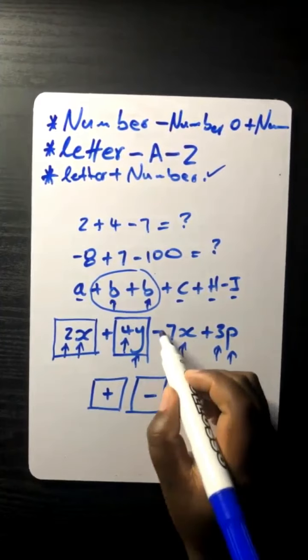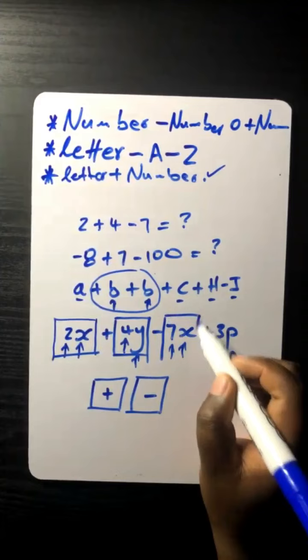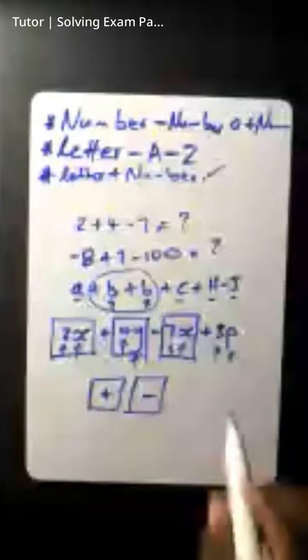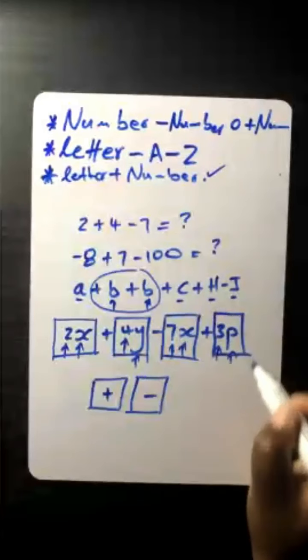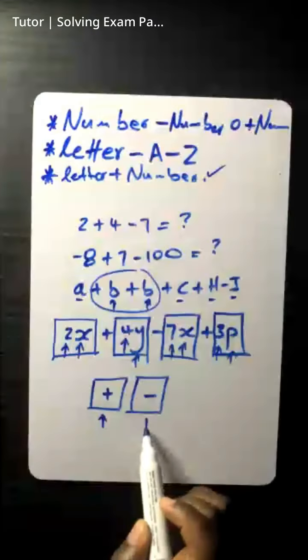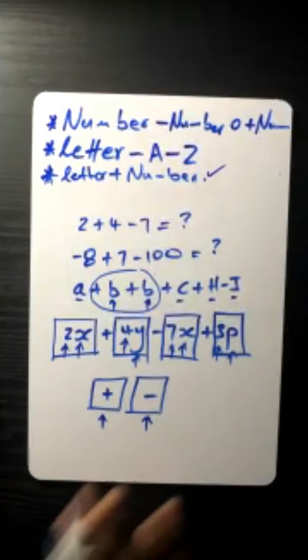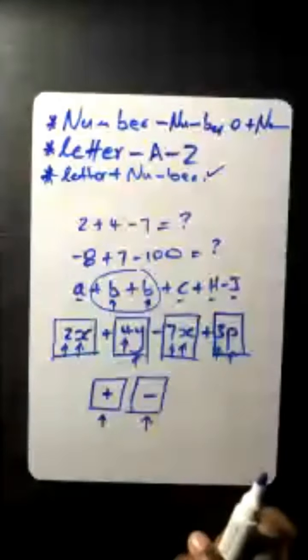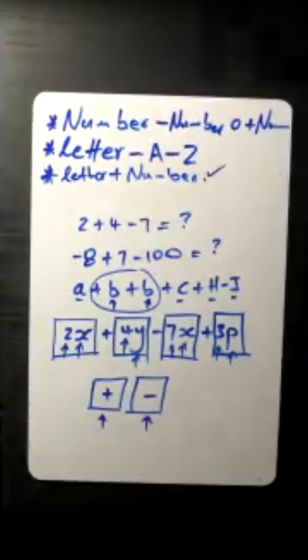There I've got a sign of a minus, which makes this a term. There I've got a sign of a plus. It could be a minus. As long as it's a sign of a plus or a minus, it means you've got a term. So in short, a sign of a plus or a minus separates terms. I'm not sure if up to this point you understand, Shreyas. I understand, sir. Okay, great.